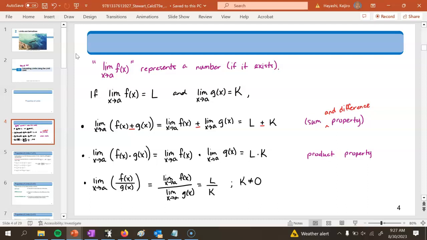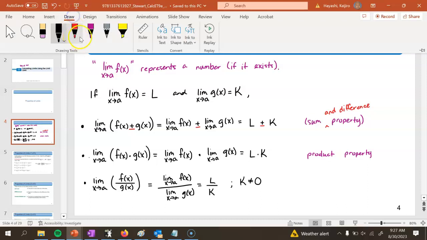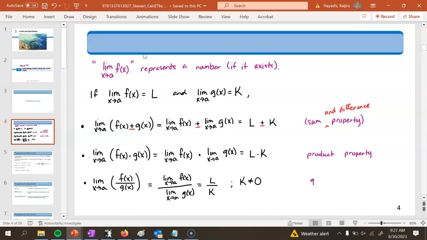So long as that bottom limit there isn't 0, because at that point you're dividing by 0. Okay, so you got sum, differences, product, and quotients.